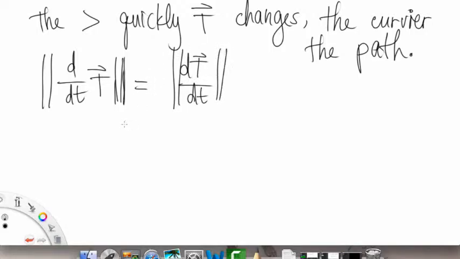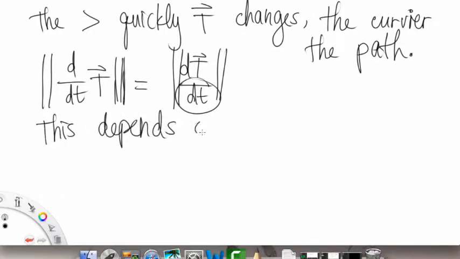So this is the magnitude, so it's telling us how much of a change. It's not necessarily saying whether it's negative or positive, it just tells us how much of a change there is. But the problem here is that what we're doing is differentiating this with respect to t, okay? And the problem with that is that this depends on how fast you're traversing the curve, on how fast you're moving, right?